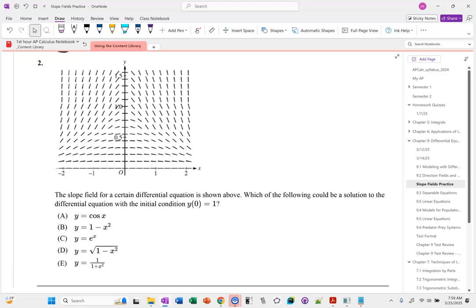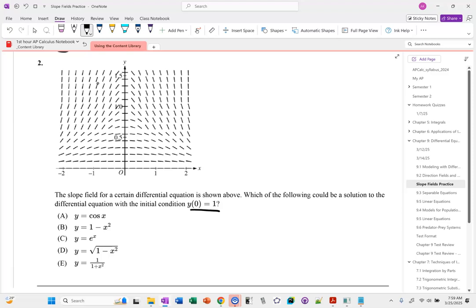The slope field for a certain differential equation is shown above. Which of the following could be a solution to the differential equation with the initial condition y of 0 equal to 1? Now, probably worth checking, if I plug 0 in for x, do I get 1 for each of these? Because if they don't, I could throw it out immediately. Unfortunately, all of them I do get 1.